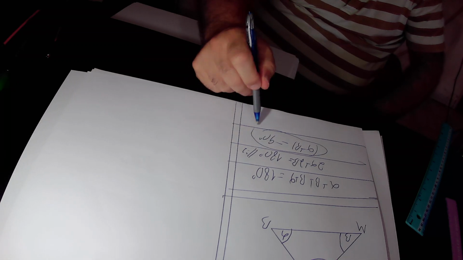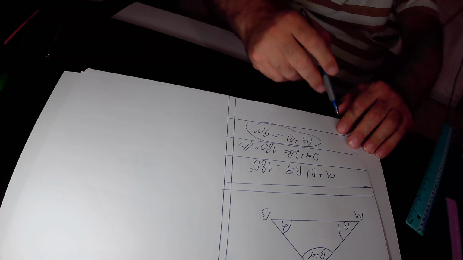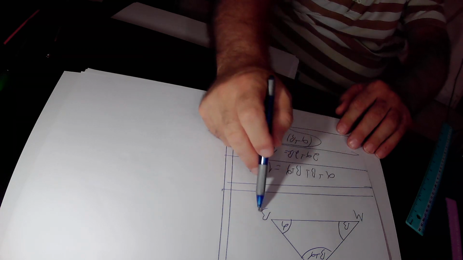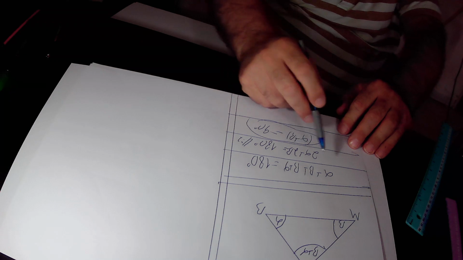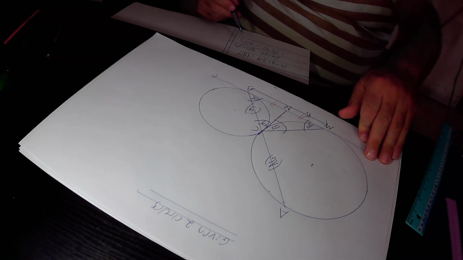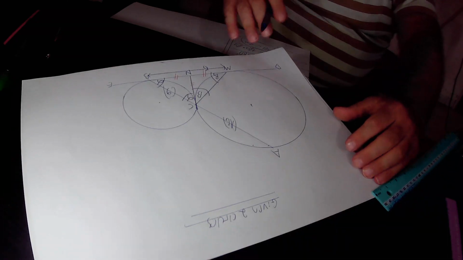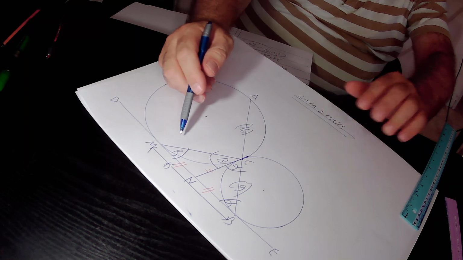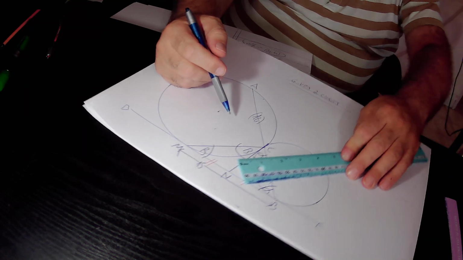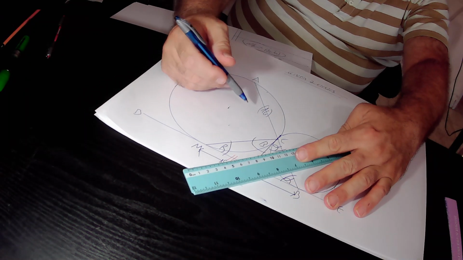So we found out that the size of the big angle MCB is equal to 90 degrees, so angle MCB is the right angle. This is angle MCB, that is the right angle according to what we already found out. So angle MCB is the right angle.